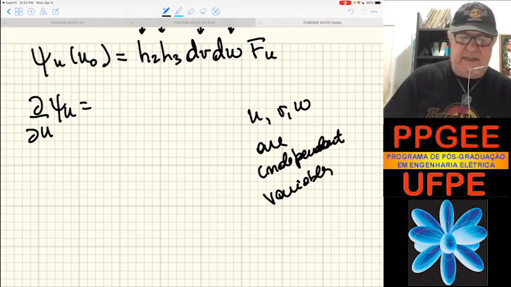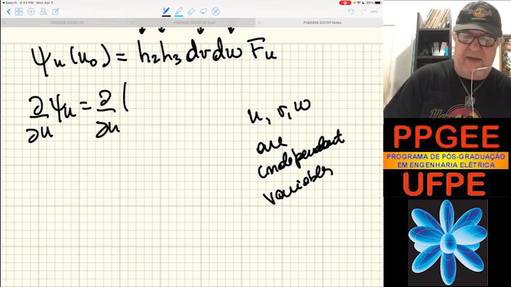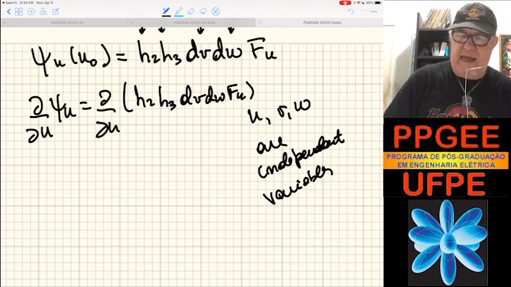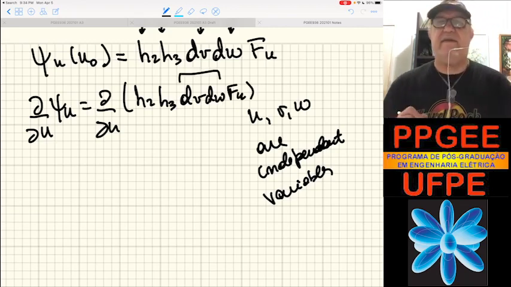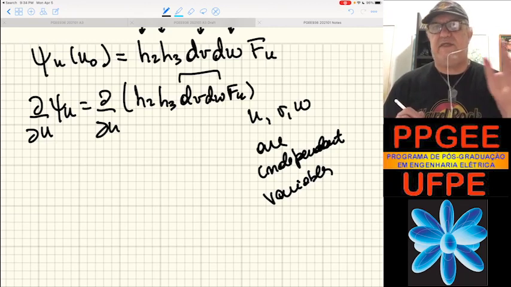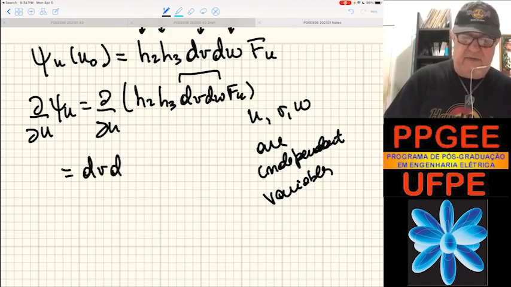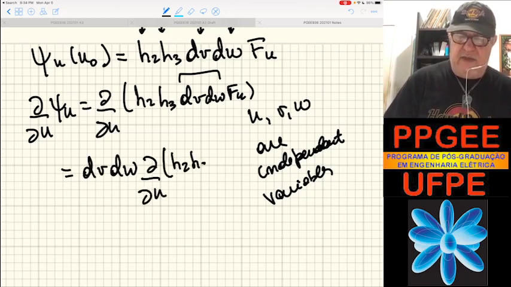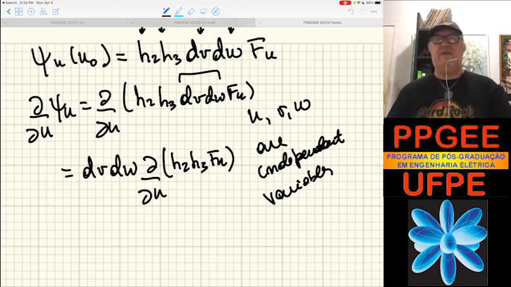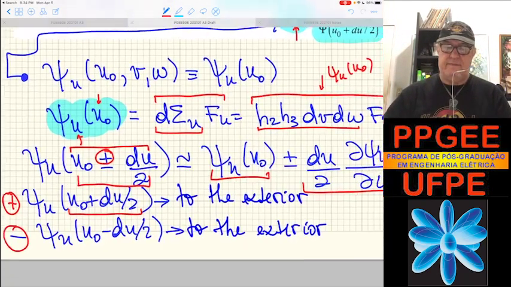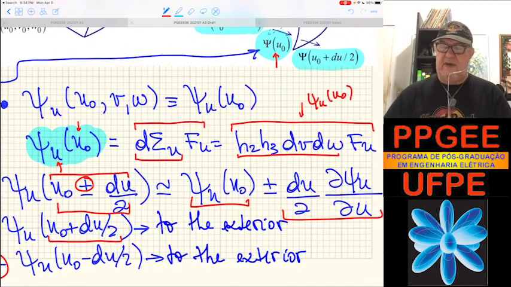So when I calculate the ∂/∂u of H2 H3 dV dW F_u, I can remove from the derivative the independent parameters, which are V and W. So it's going to be dV dW ∂/∂u of H2 H3 F_u. That's what it is. Okay? So that's what we have.